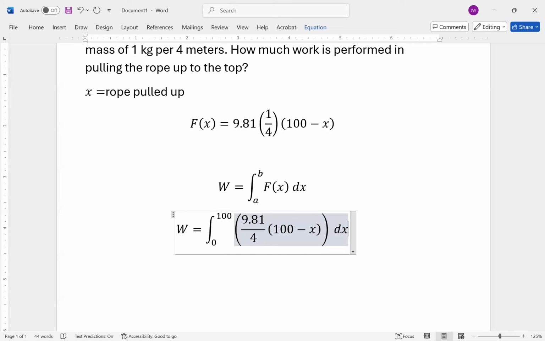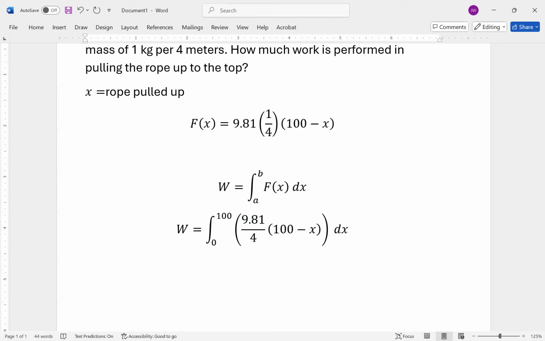That's what I'd be integrating to find the work done in performing this task. You can do this by hand if you'd like, but I'm going to just type it into my calculator.